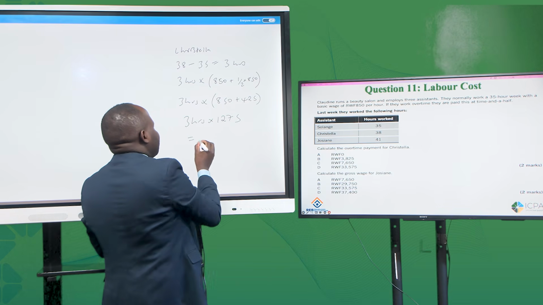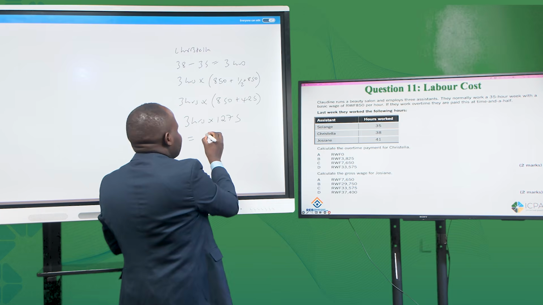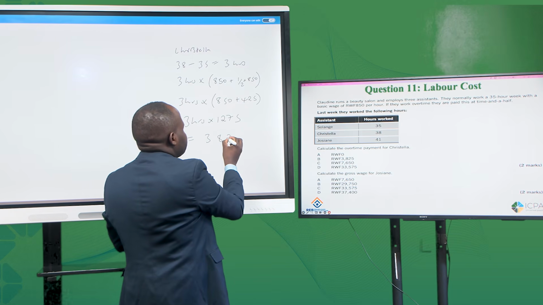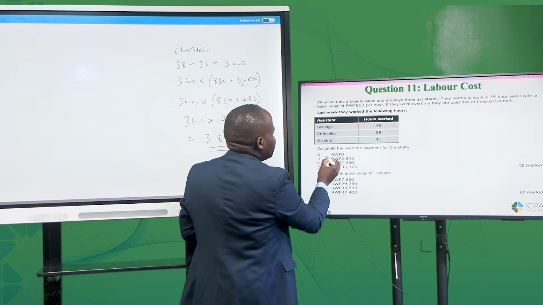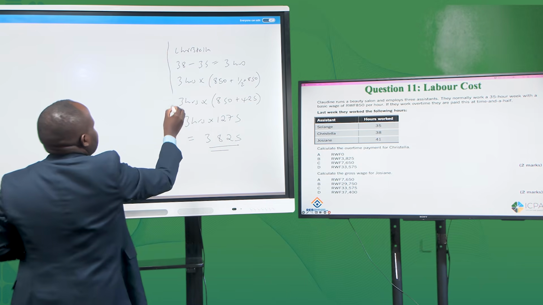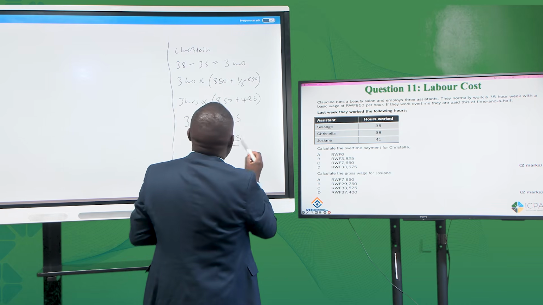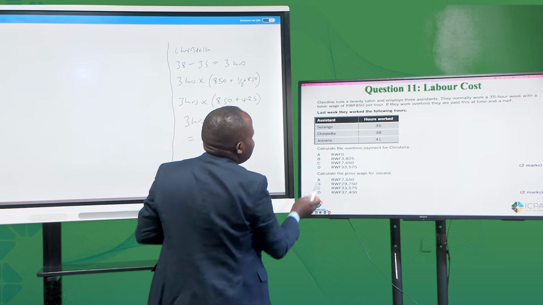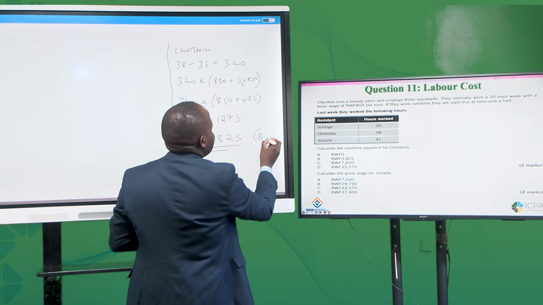So what do we have? 3 times 1275 gives us 3825 as our answer. Still in the same question, sorry, it's 3825. Our answer is B. 3825. So B is our answer.